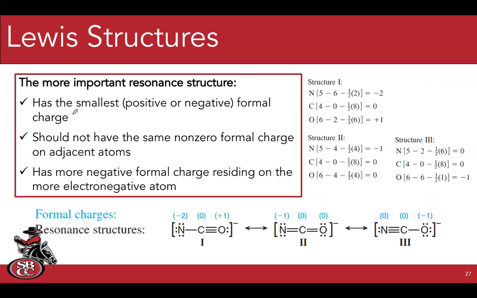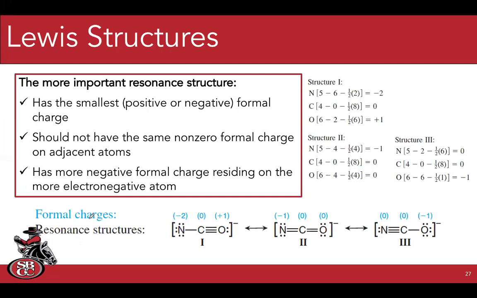The trick is that when we're making resonance structures that can have a bunch of different formal charges, we want to do 3 things. 1, we want to make sure that we have the smallest number of formal charges possible. So minimize formal charges. The second thing is we want to make sure that we don't have the same non-zero formal charge on adjacent atoms.